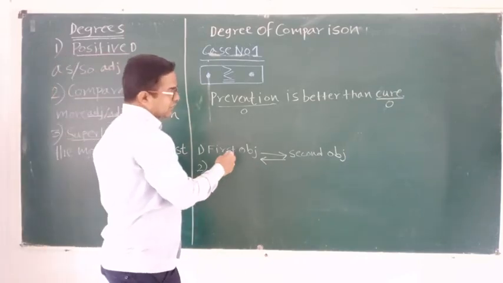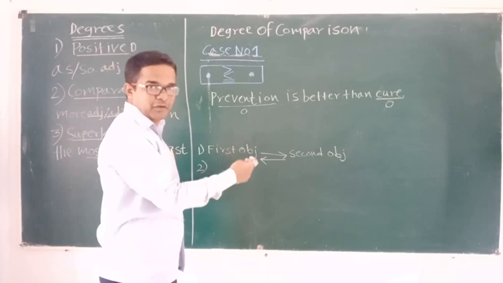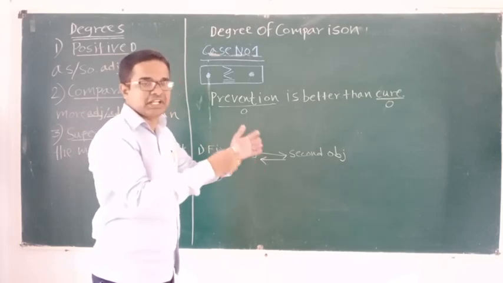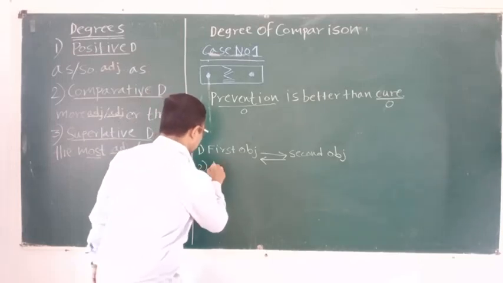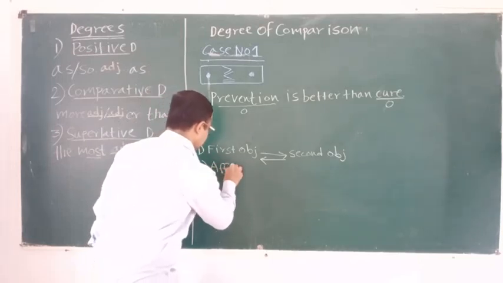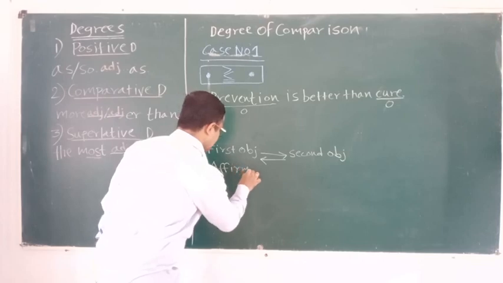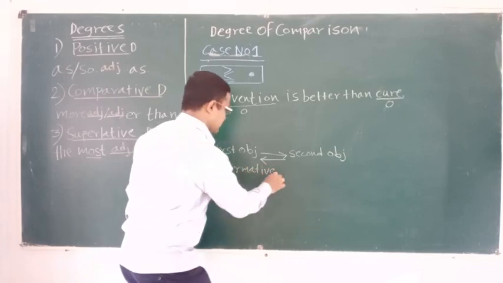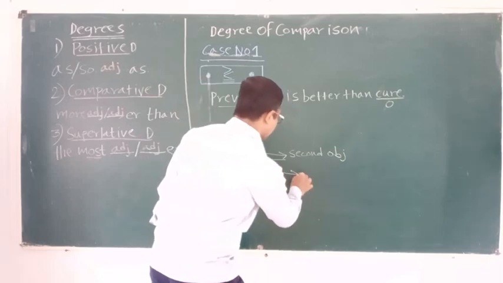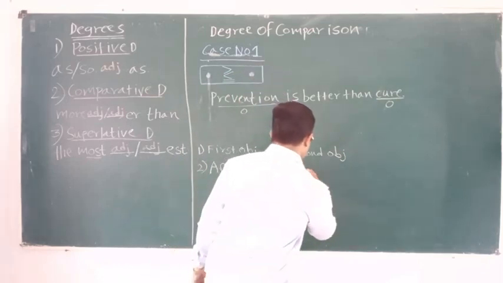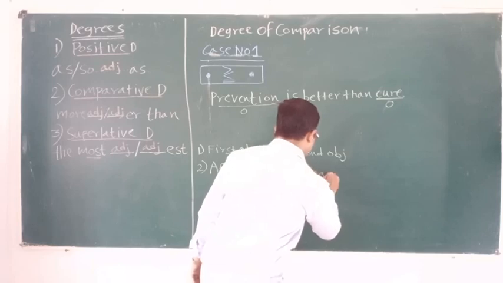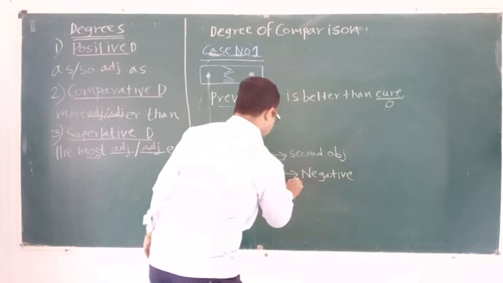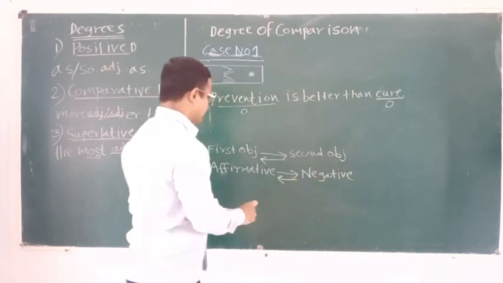Then second rule: if the given sentence is affirmative, then we have to convert it into negative. Affirmative becomes negative. Negative becomes affirmative.